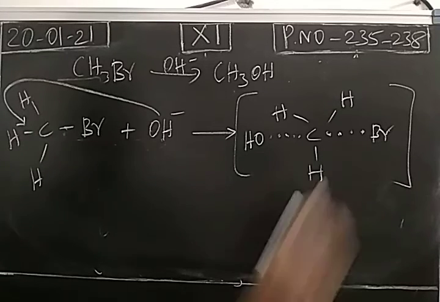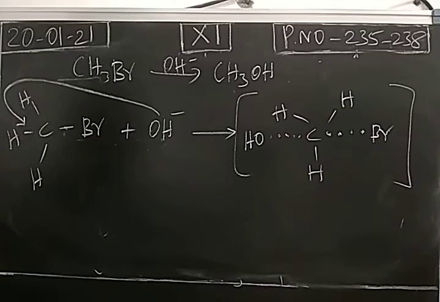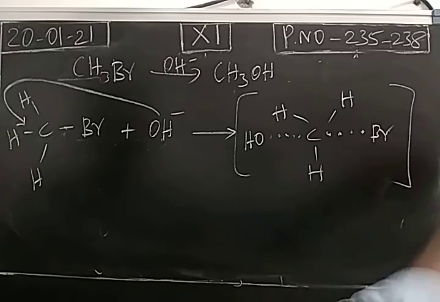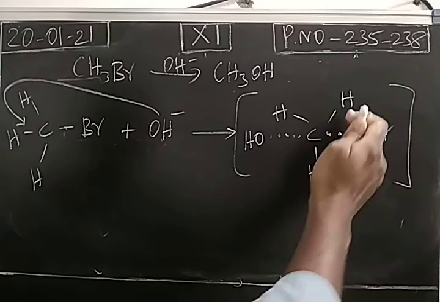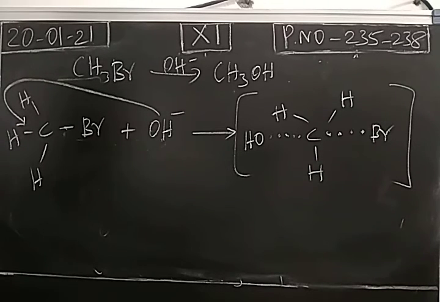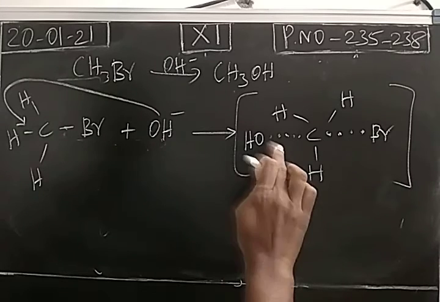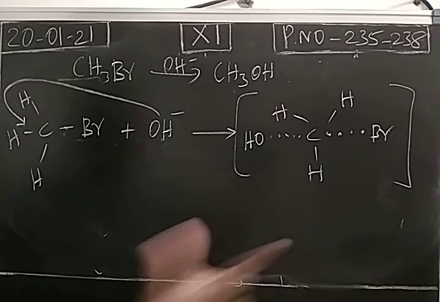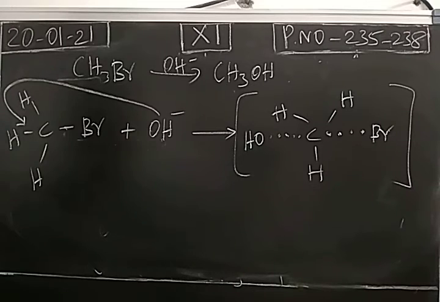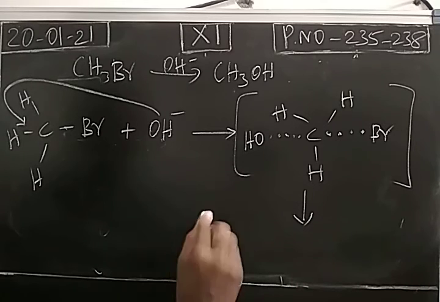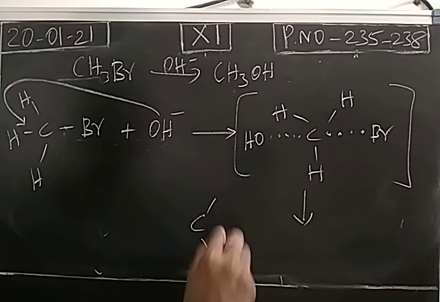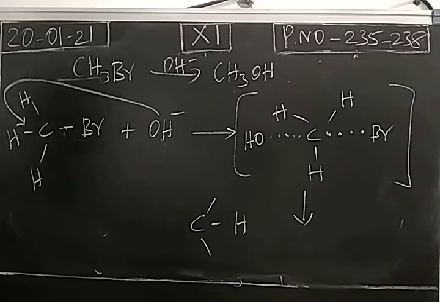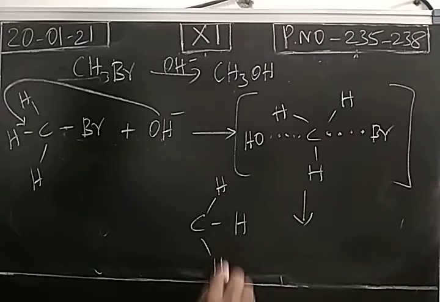This covalent bond is not completely broken. So bromine is not leaving as a bromide ion because the bond is not completely broken. At the same time, this covalent bond is not completely formed. So it is a transition state. Next, the product will be formed. The product will be obtained with an inversion of configuration.